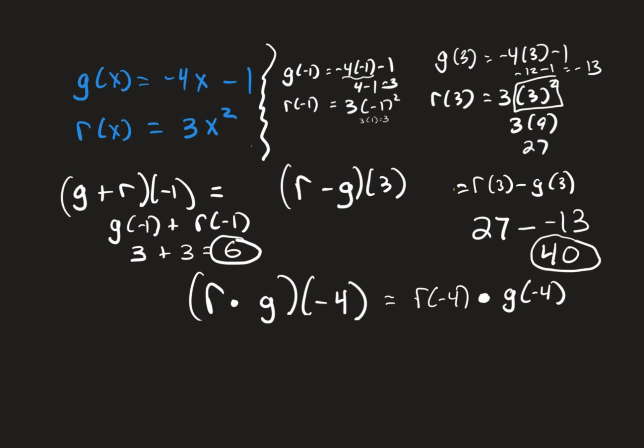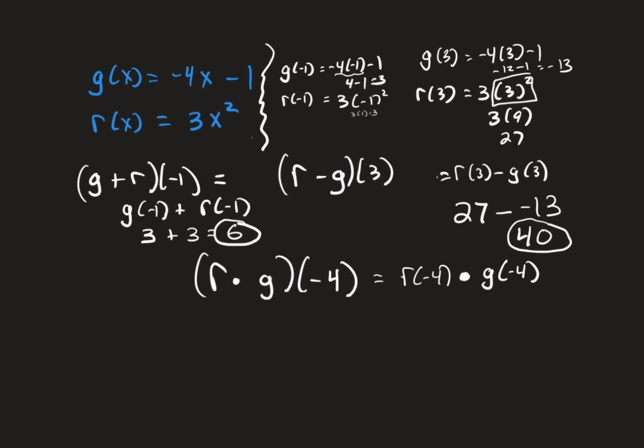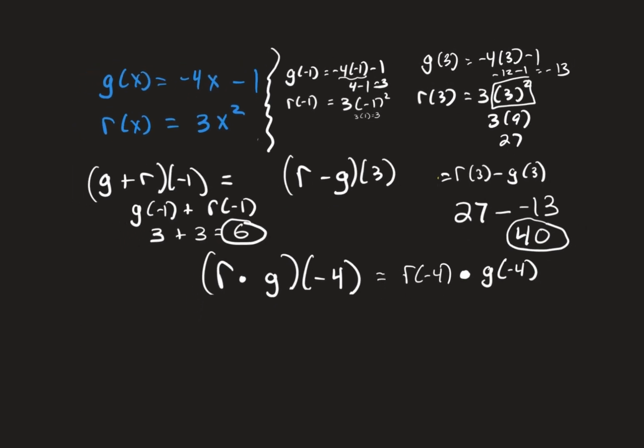And then the last one, r of negative 4 times g of negative 4. I'm just going to do it down here. R of negative 4 would be 3 times negative 4 squared. Have to do that first. So that's 3 times 16, which is 48, times g of negative 4.